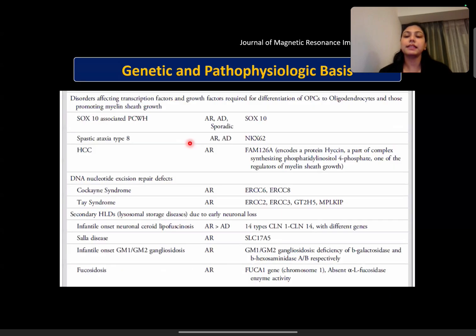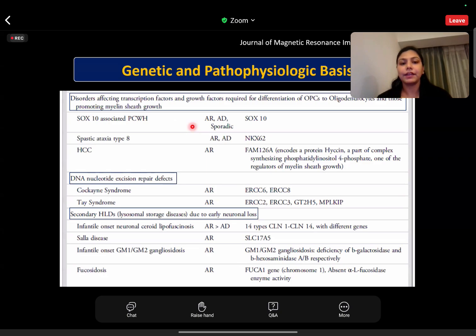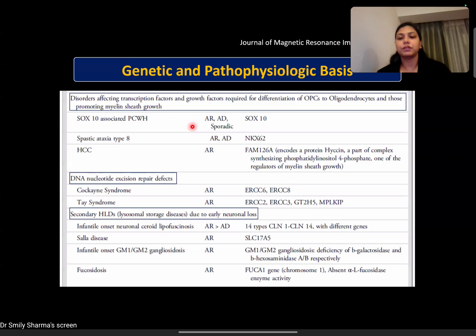There is another component of hypomyelinating leukodystrophies, which are different from the primary deficiency of myelin. These are secondary hypomyelinating leukodystrophies. Basically, these are neurodegenerative disorders, and in these, the hypomyelination is secondary rather than a primary deficiency of the myelin.